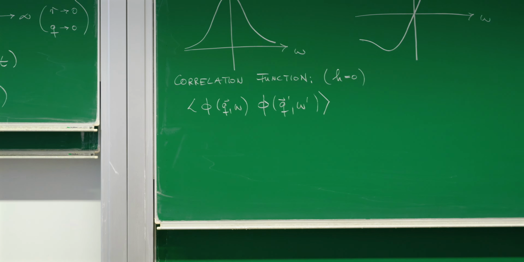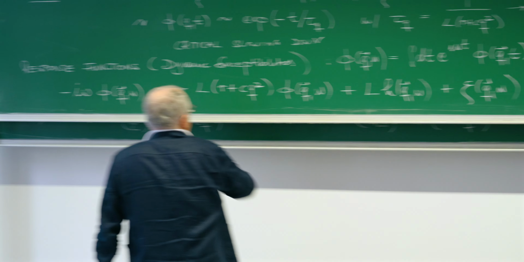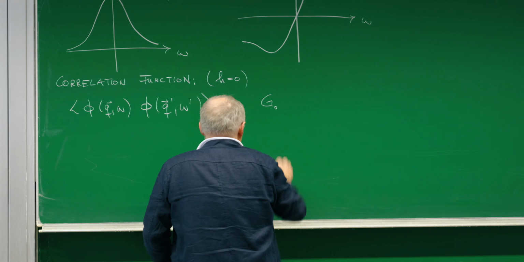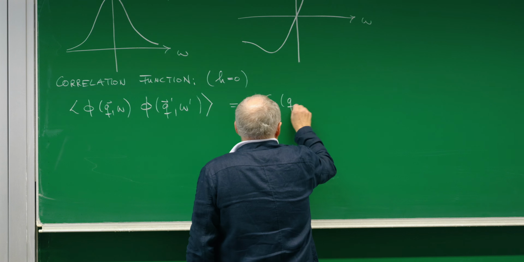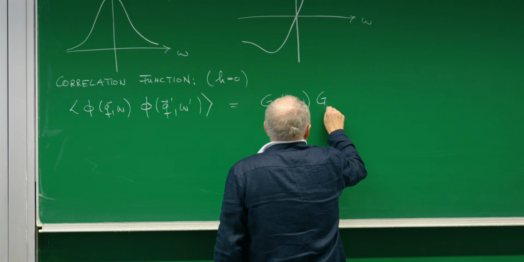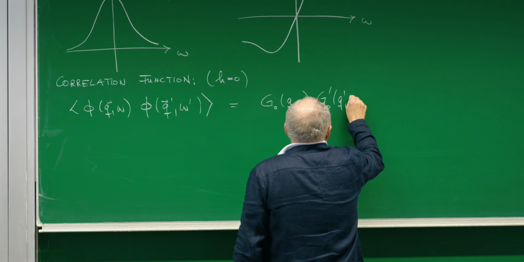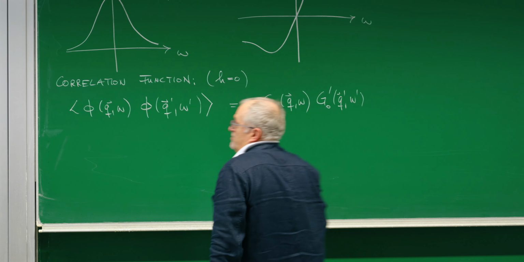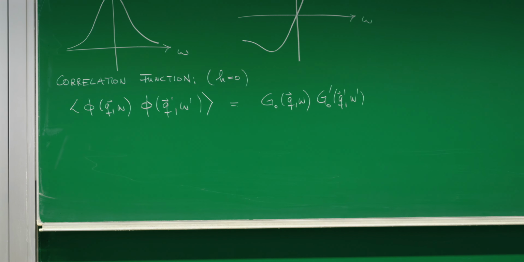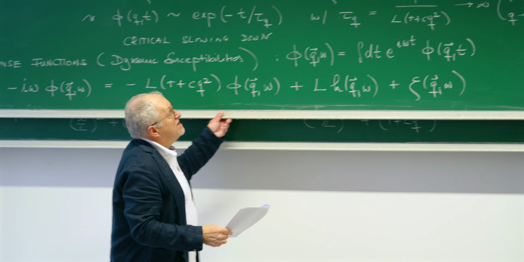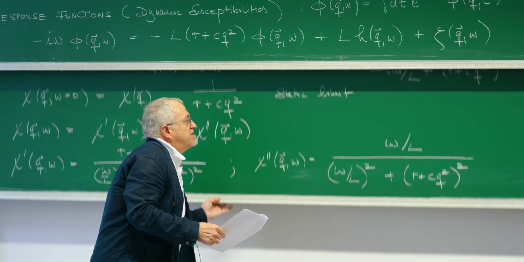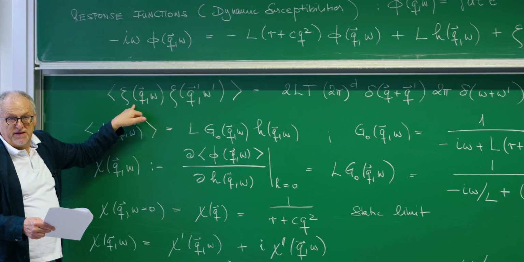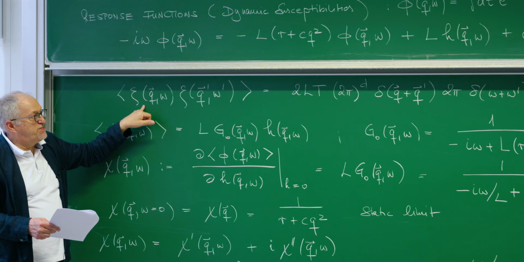As said, I get the propagator twice. This is then G naught of q, omega, G naught prime of q prime, omega prime. And then what's remaining is the correlation function of the zetas. Those correlation functions, we also know they are given by their corresponding white noise expression.